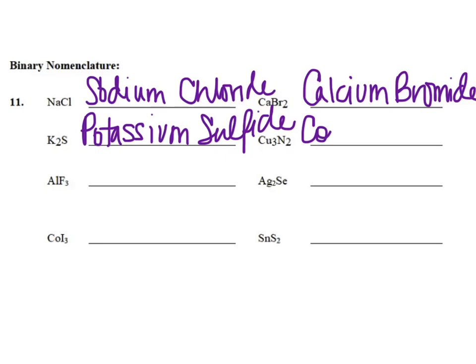Copper(II) nitride. Where did the 2 come from? Because of the charge. We have to balance the charges, right? And copper is a transition metal, so we have to put the Roman numerals in there.